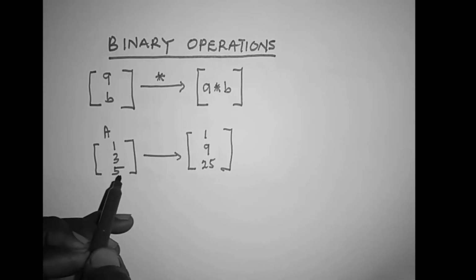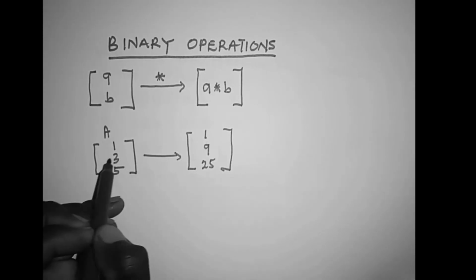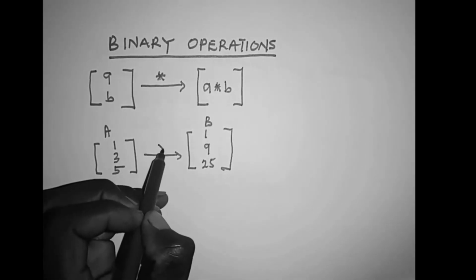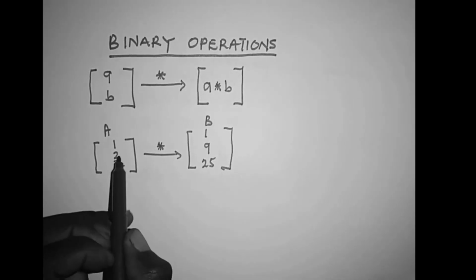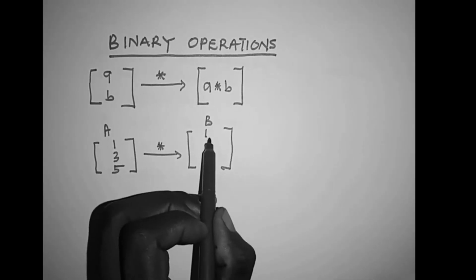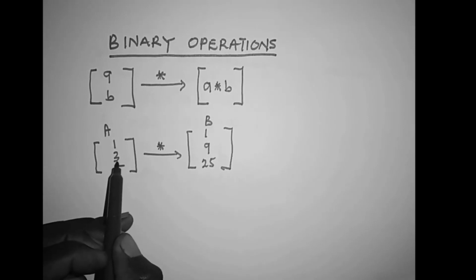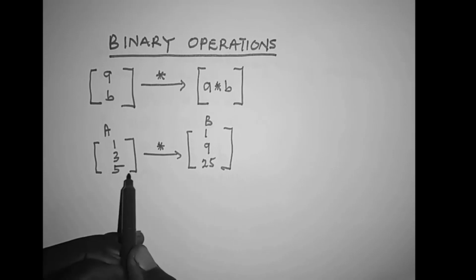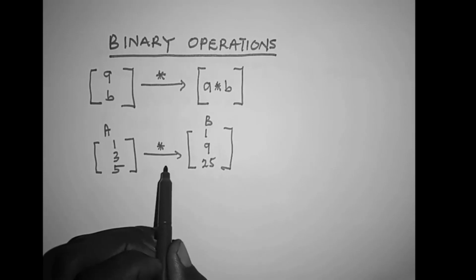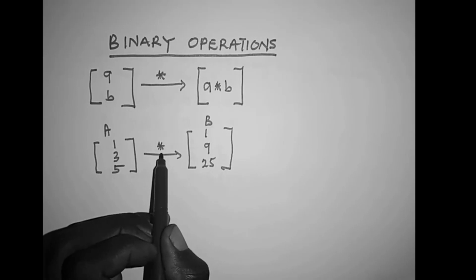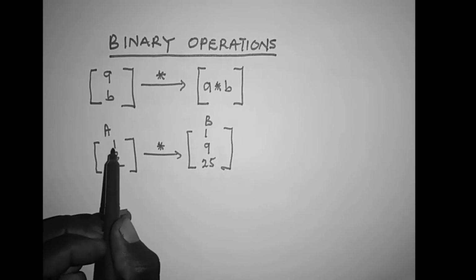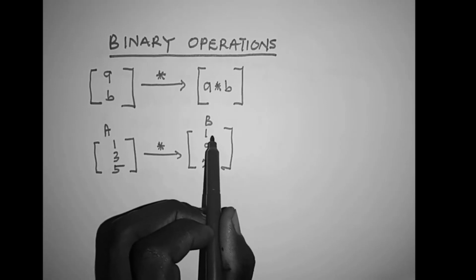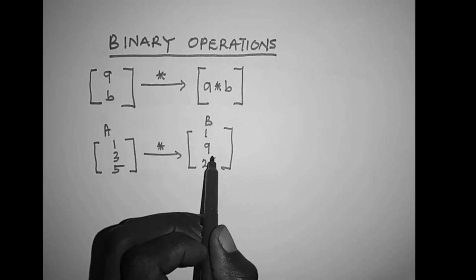See that the binary operation is what would take us from this set A to this other set B. Now, you can all see that 1 squared is 1. Then 3 squared is 9. And then 5 squared is 25. So, under this operation, we can see that the operation asterisk is defined as the squares of each of the members of A. And that will lead us to the elements of B.